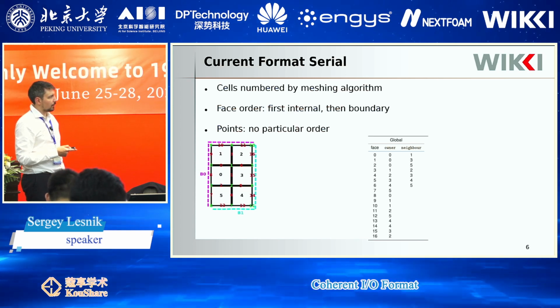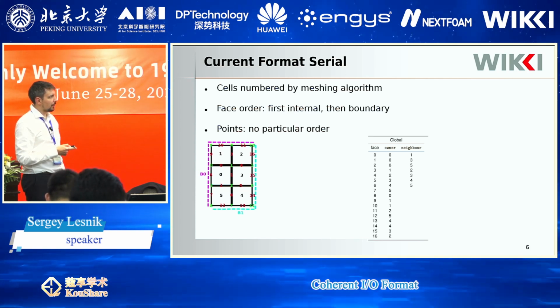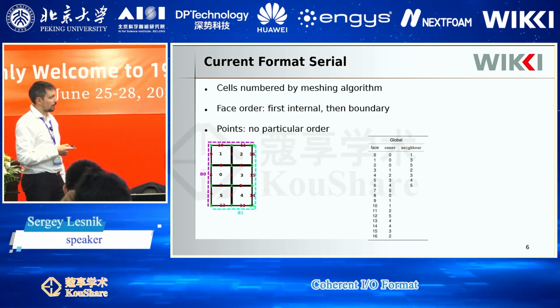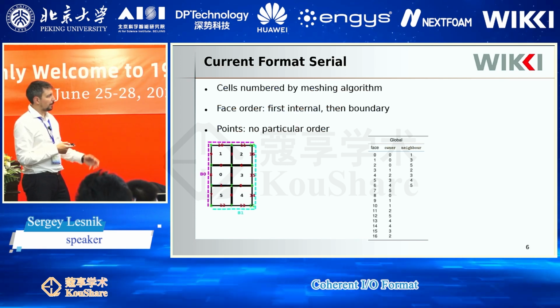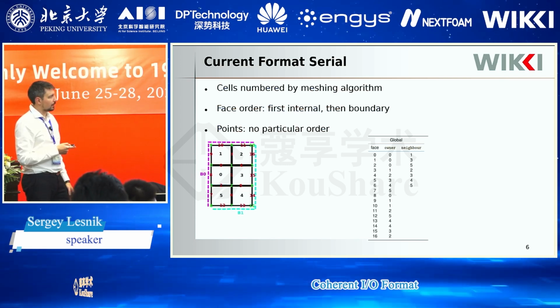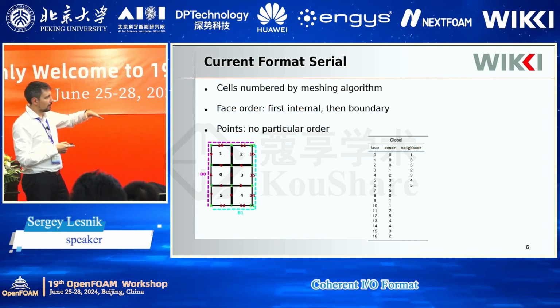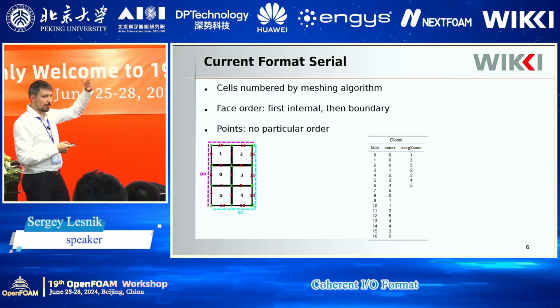The connectivity is done by owner and neighbor, where the owner of the face is the cell number which owns this face, right? And the neighbor is the cell which is neighboring this face from the other side.